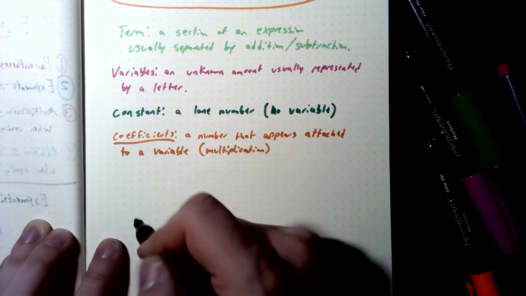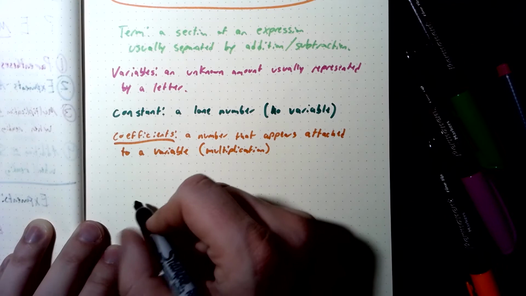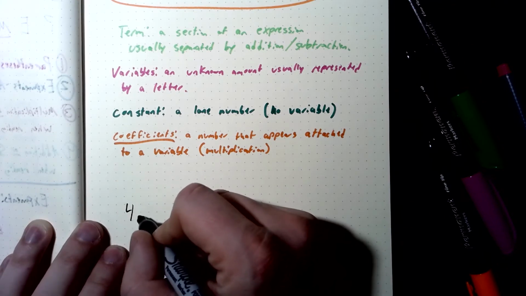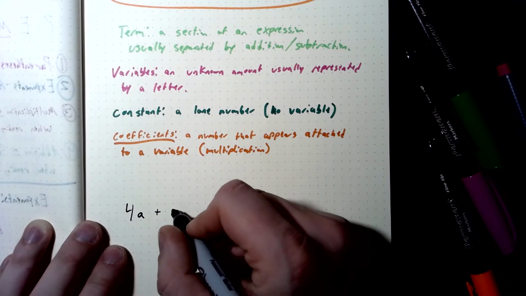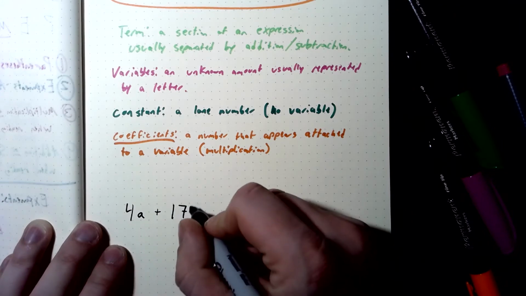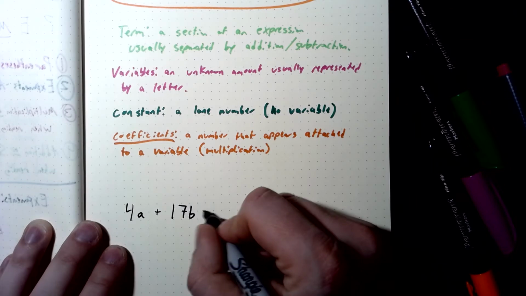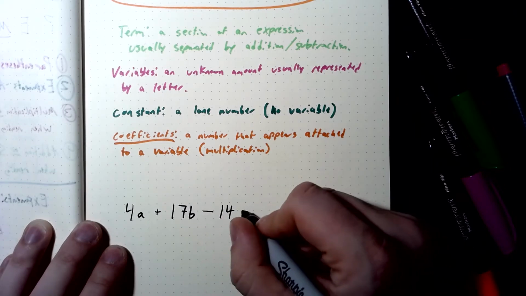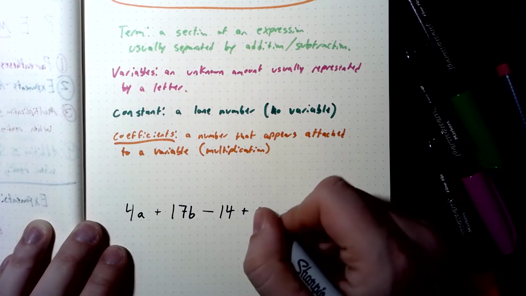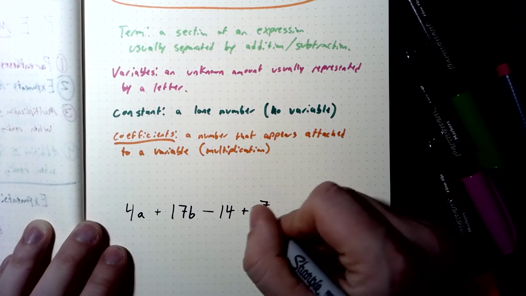So we have, we'll say 4a plus 17b minus 14 plus, let's see, 7q.